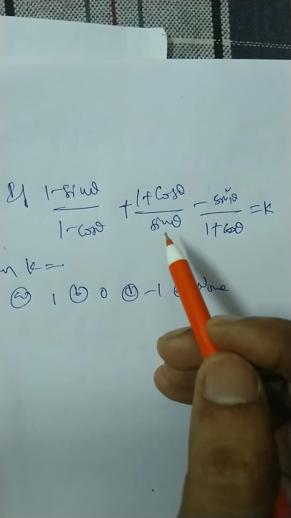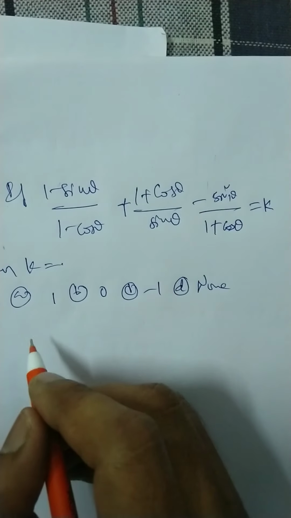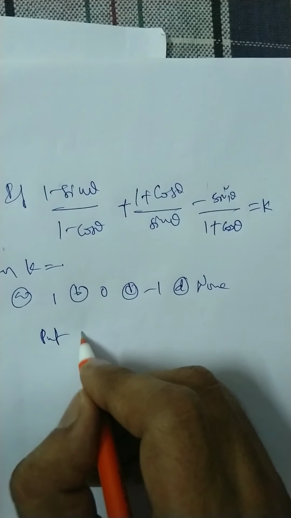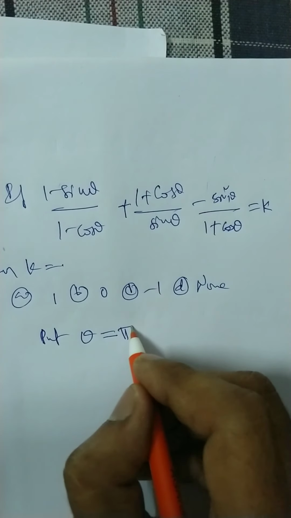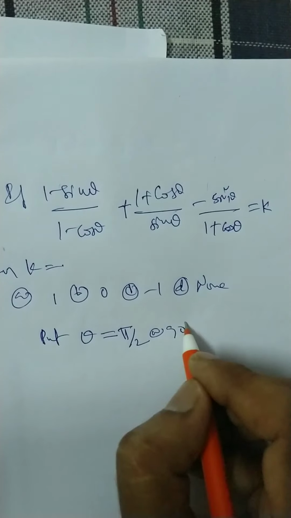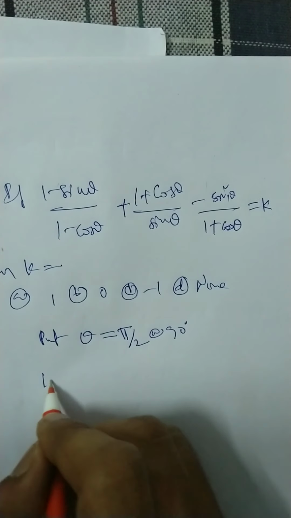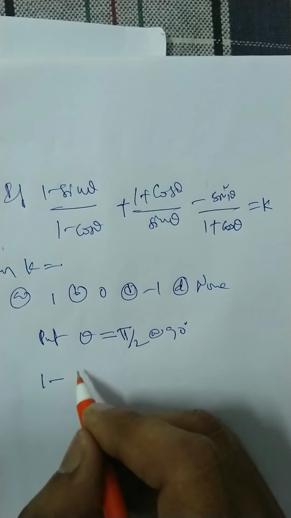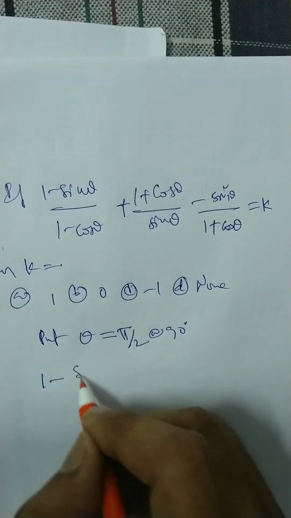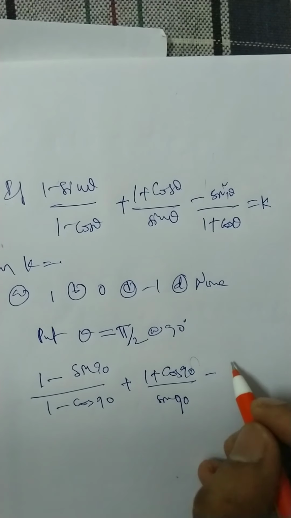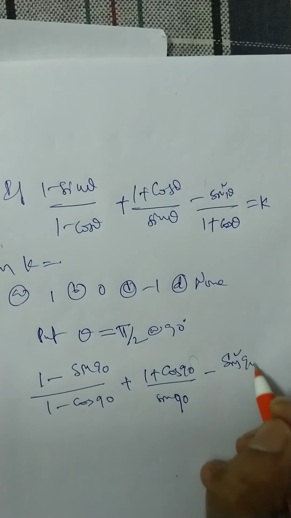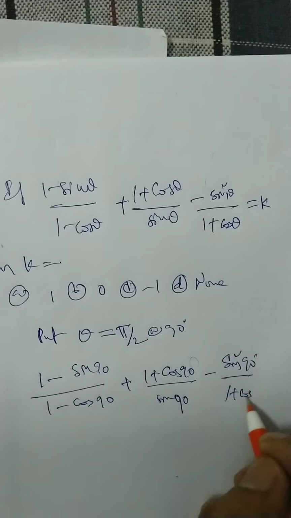So to attempt the problem in a simple manner, we are using a simple trick, that is by substituting theta equal to pi by 2 or 90 degrees. So you can see that 1 minus sin 90 by 1 minus cos 90, plus 1 plus cos 90 by sin 90, minus sin square 90 degrees by 1 plus cos 90.